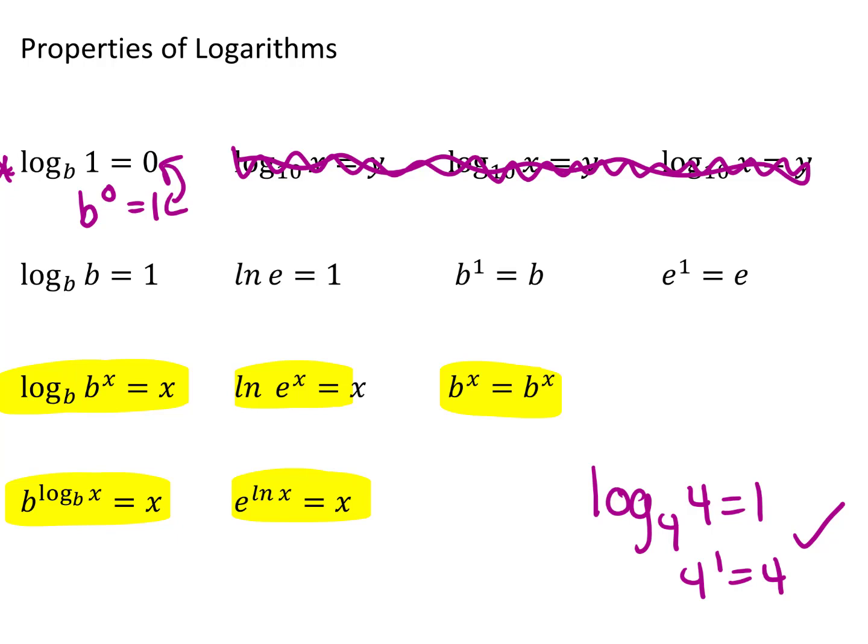Hopefully you're getting a handle of the pattern. Now the last two are kind of interesting, so let's talk about those. Here we have a base and we have an exponent. In that exponent is the logarithm. This rule is that anytime you have a logarithm inside of an exponential where the bases are the same, they cancel.